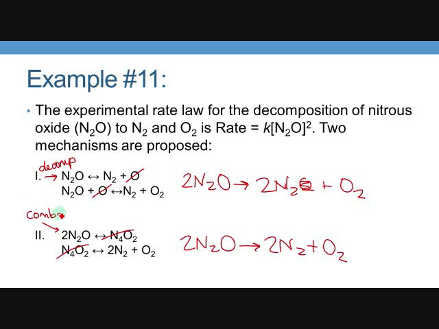Based on collision theory, it's going to be less work to collide two things together to create an intermediate that's really big and not stable, which can then be broken apart, than it would be to have one molecule somehow have enough energy to break itself apart. So that's one way that mechanism 2 is better than mechanism 1.